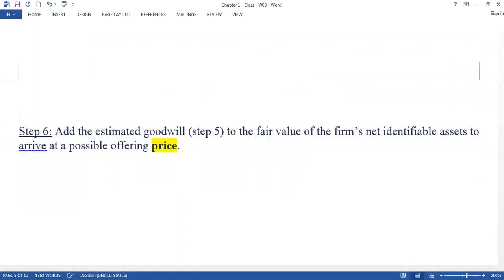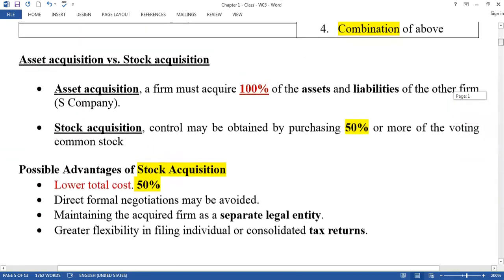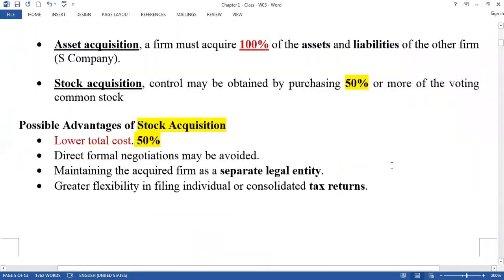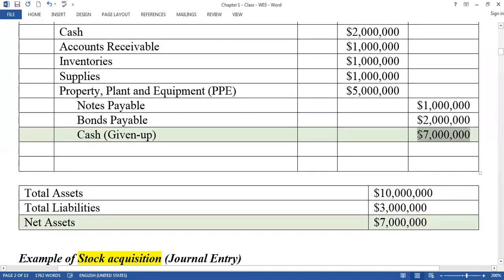Now if you remember the previous example, it was very simple. We buy their assets, we buy their liabilities, and we pay the net asset amount. Now, in the real business world, not only net asset but also goodwill.